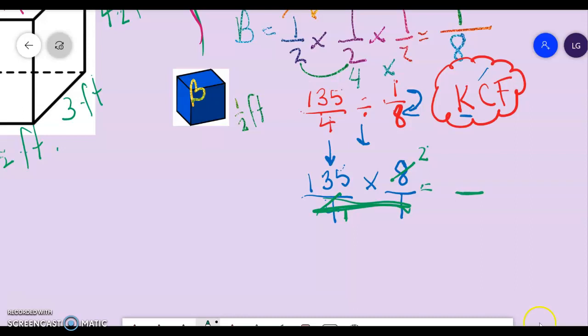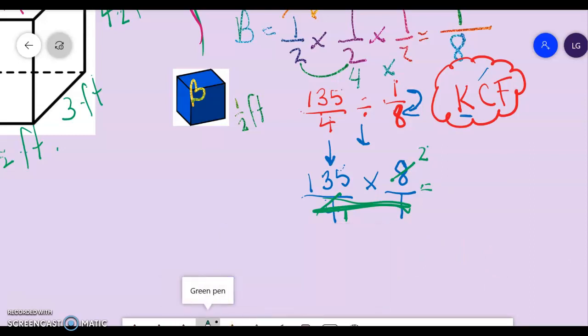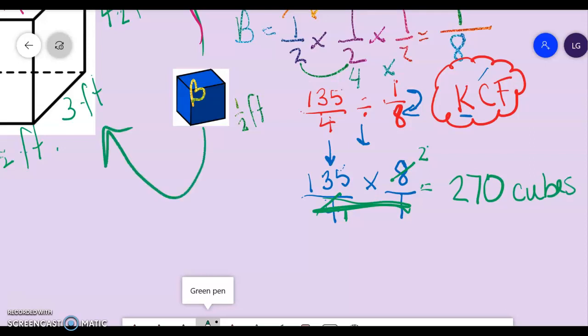To finish this out, we'll multiply 135 times 2, and that will give us how many small cubes B go into cube A. And that would be your final answer.